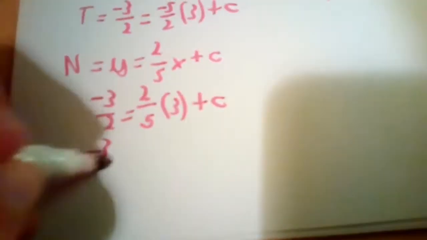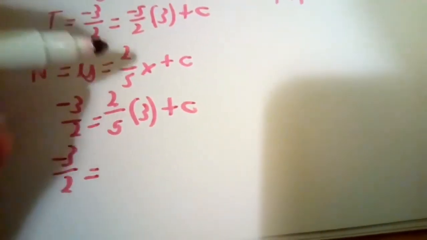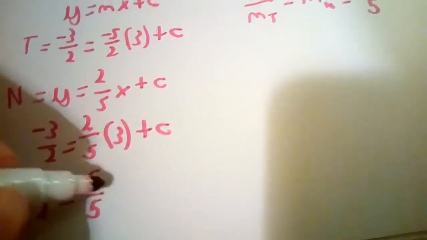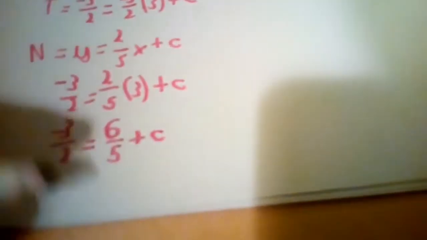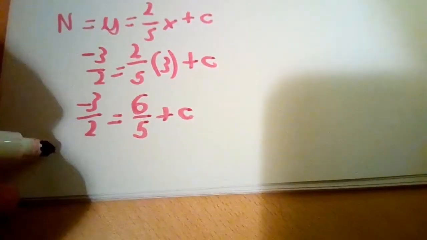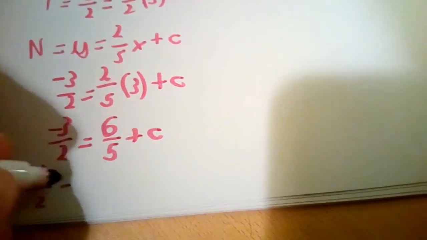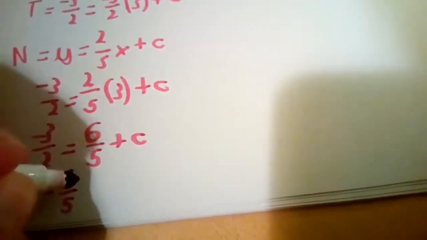And so minus 3 over 2 is equal to 6 over 5 plus c. So we're going to take away 6 over 5 from both sides, giving minus 3 over 2 minus 6 over 5 is equal to c.